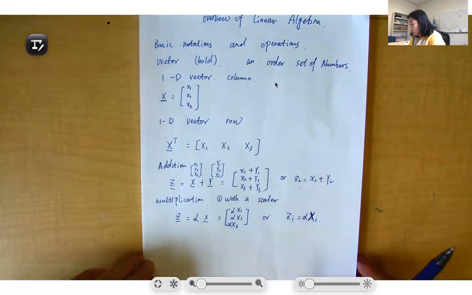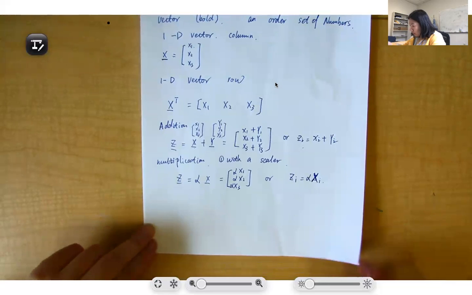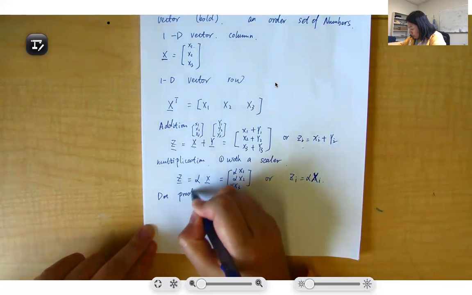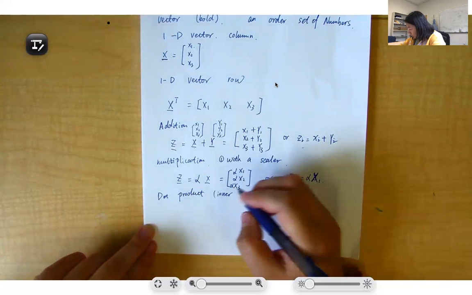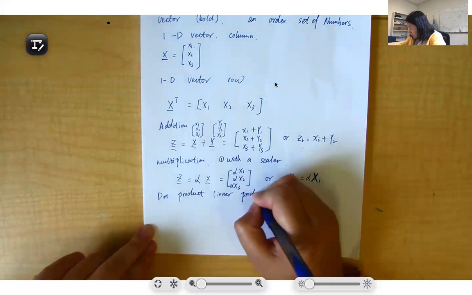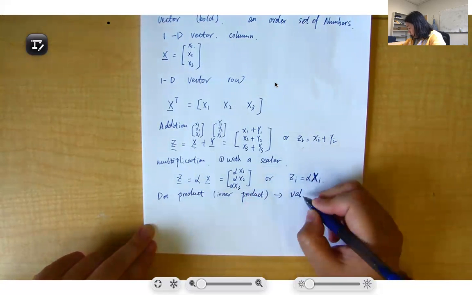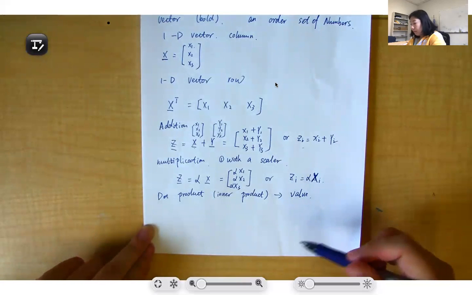You can also do multiplication between two vectors. Let's say the dot product, which is also called the inner product. That will lead to a value if you do the inner product between two 1D vectors.